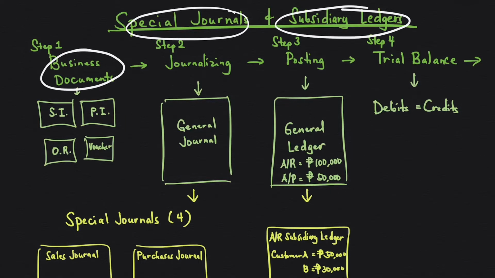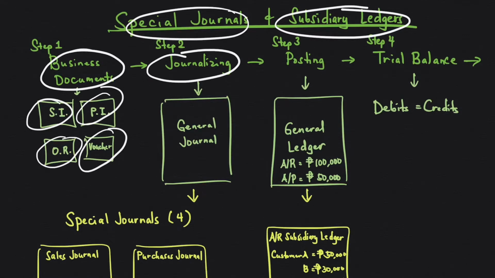This includes the sales invoice, purchase invoice, official receipt, voucher, and of course, other business documents. Once the business transactions are identified, we jump to journalizing, where we write our journal entries in a book called the General Journal or the Book of Original Entry.